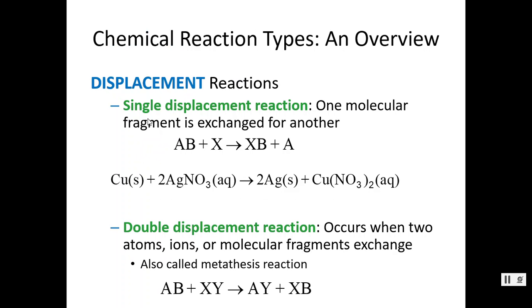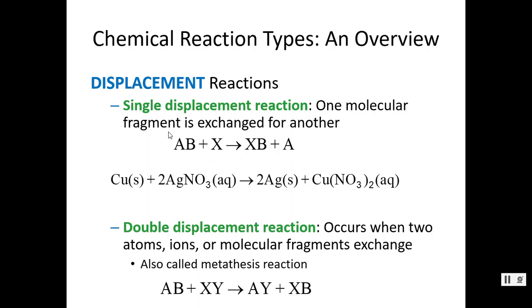We also have displacement reactions. Displacement reactions come in two flavors, single and double displacement. So in a single displacement reaction, typically you have some ionic compound, generically shown here as AB, reacting with some other species, typically a metal or some molecular species.